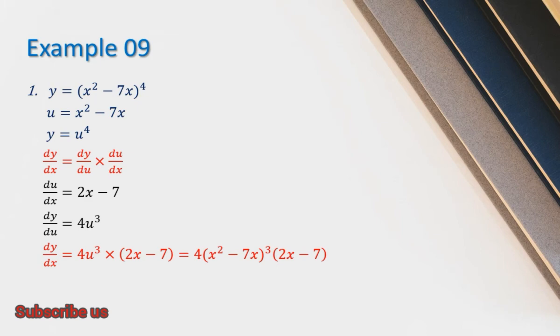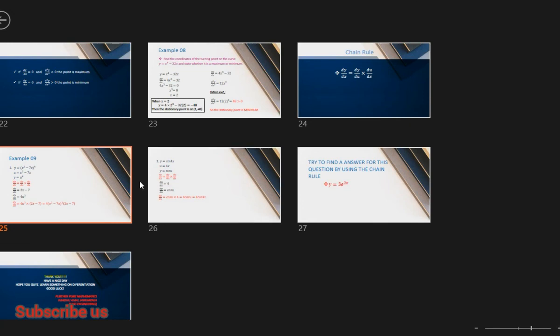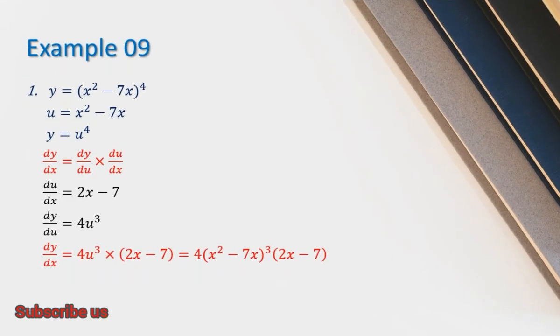Next, discussions. Example number 9. y equals (x squared minus 7x) to the power 4. Then u is x squared minus 7x, so y equals u to the power 4.